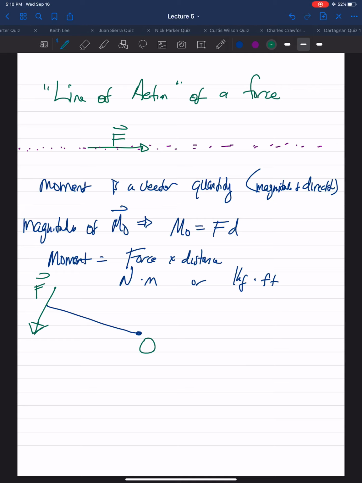So we have a force F being applied to some arm D that's some distance from point O. It causes, in this case, if the force is directed downward, a rotation about point O in a counterclockwise direction.